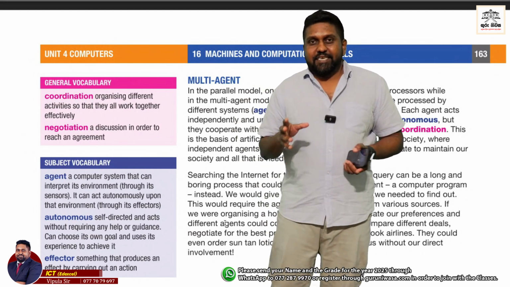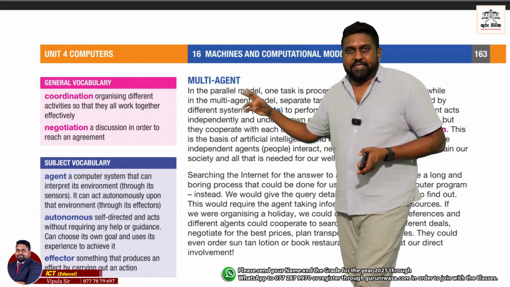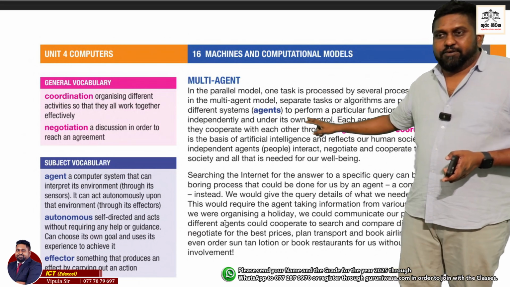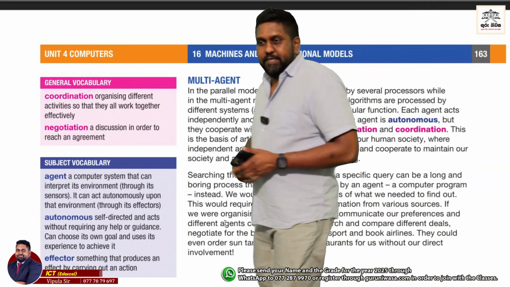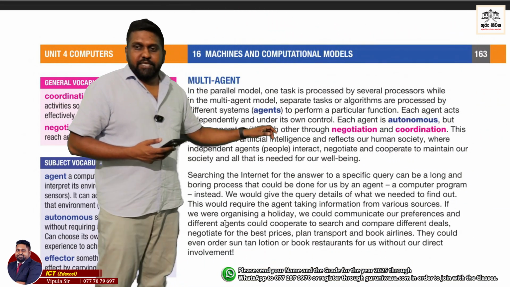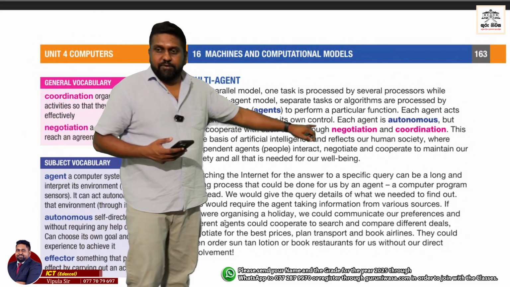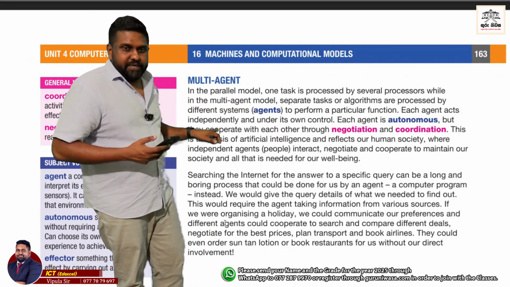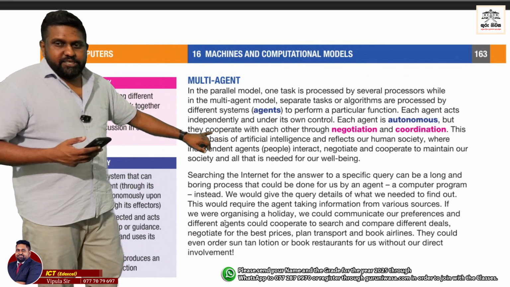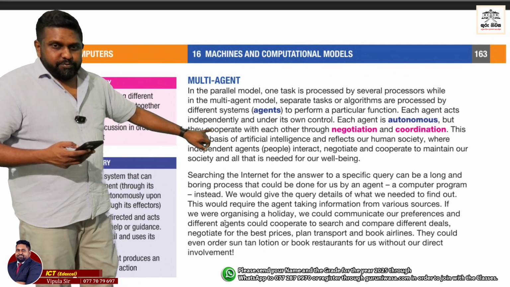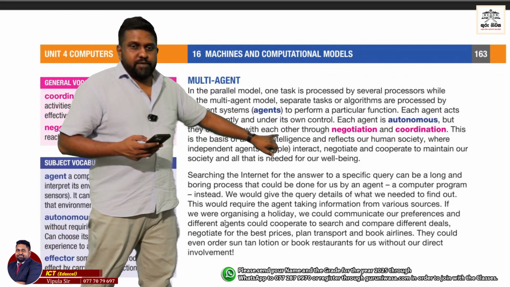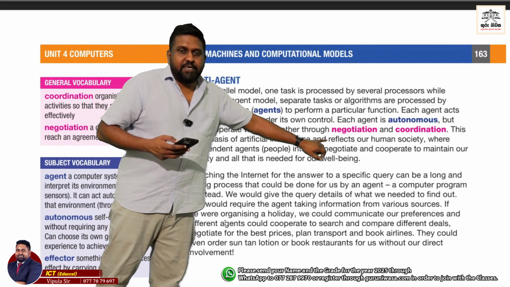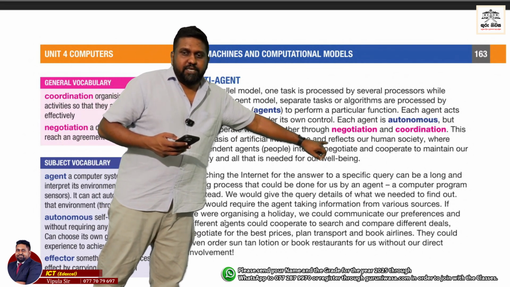Each agent is autonomous, but they cooperate with each other through negotiation and coordination.